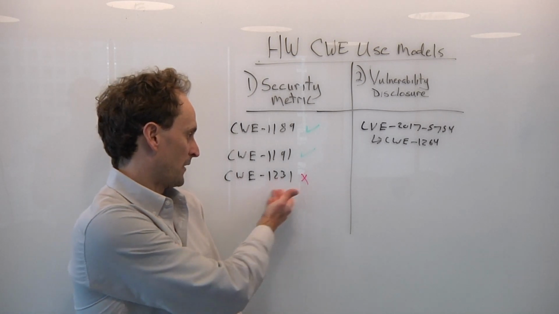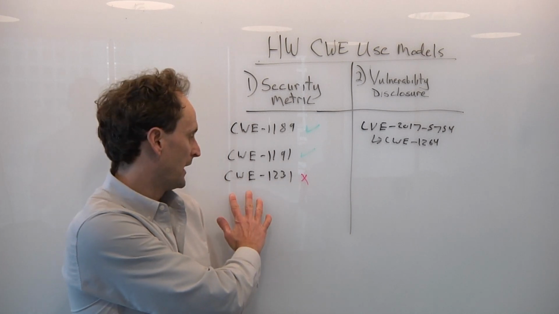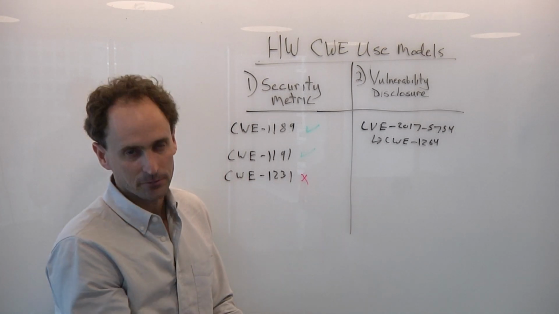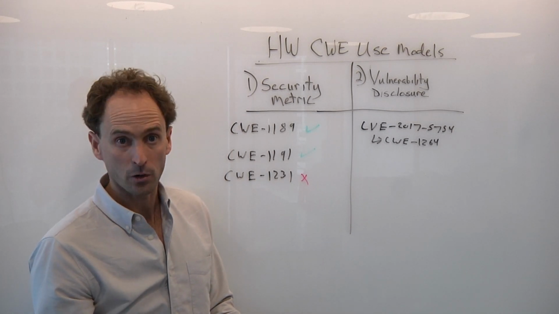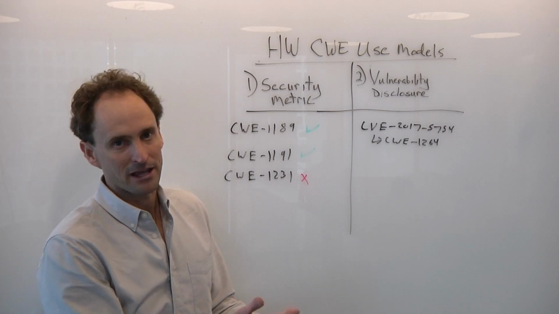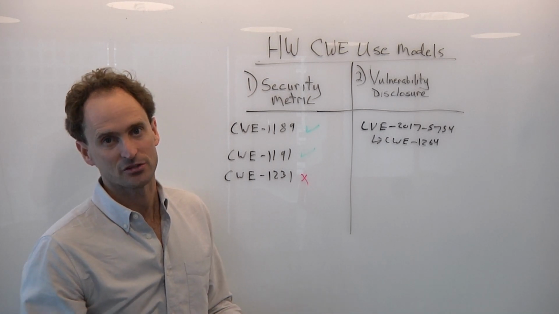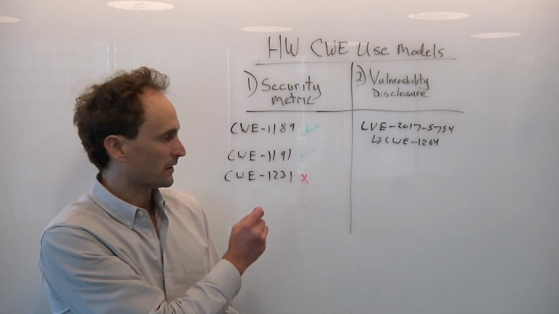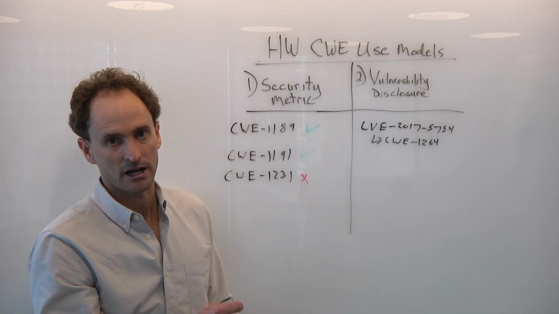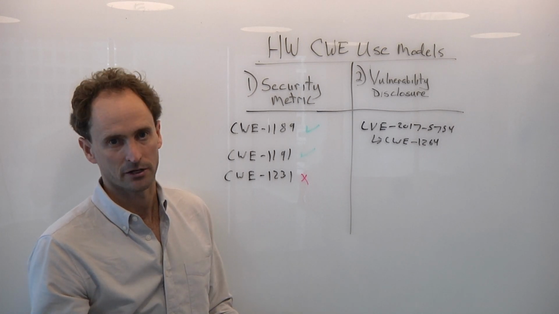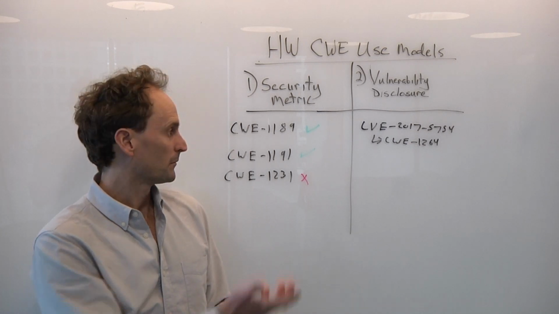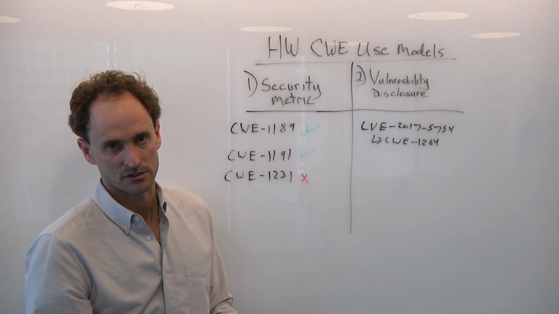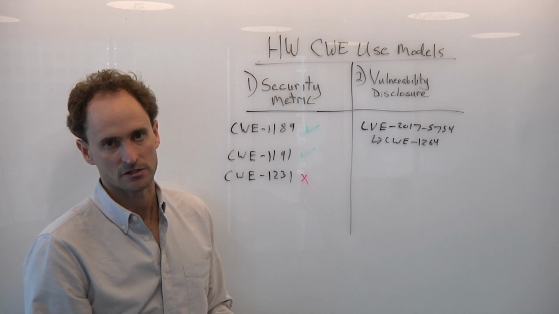For example, if you determine by your threat model that CWE 1231 is not in scope, an attacker may exploit that weakness in your designs and you end up with a vulnerability. But if you go through a systematic approach of figuring out which CWEs are relevant for your design and systematically design and verify your chips to address those common weaknesses, then you can have a measurable assurance that you've met that.